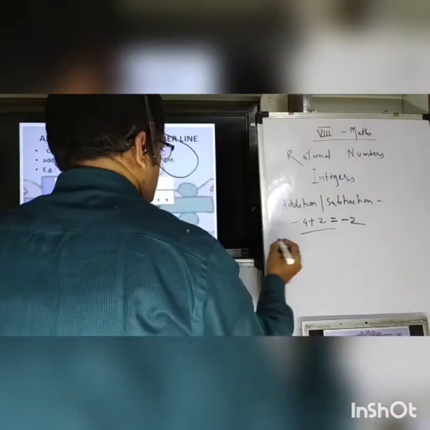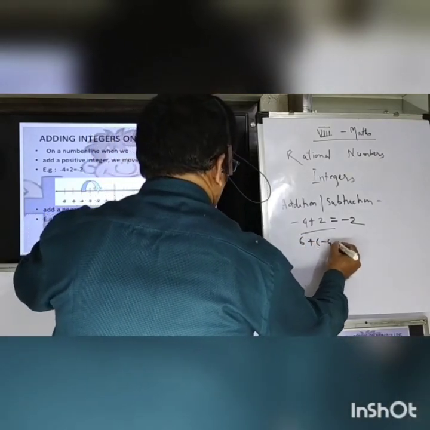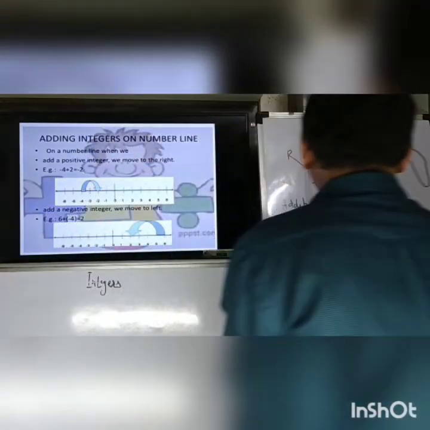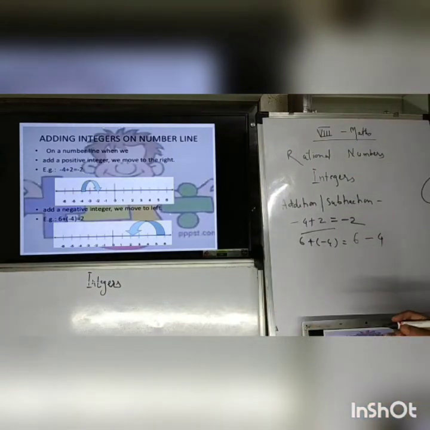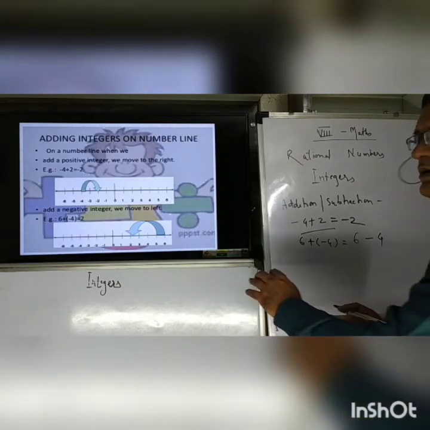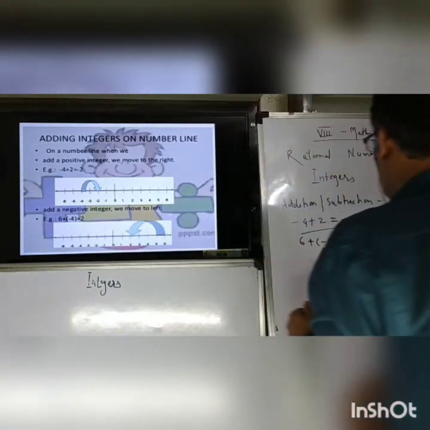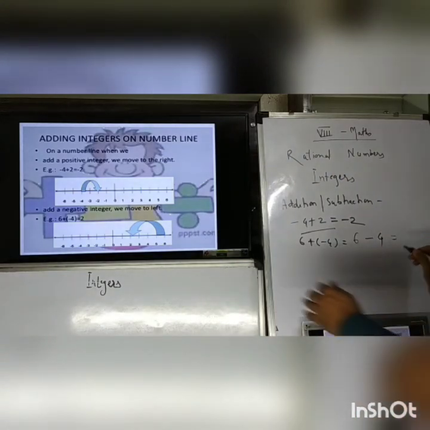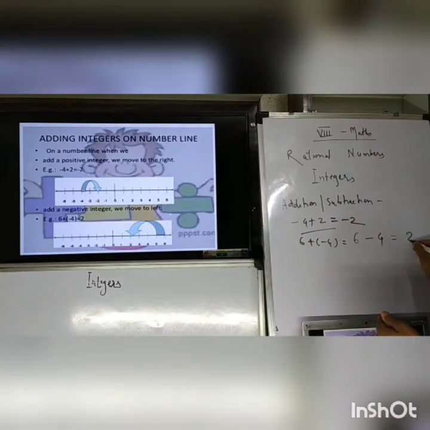Another example is 6 plus minus 4, which simplifies into 6 minus 4. You know that whenever we subtract, we move to the left side. How many places? 4 places. So 6 minus 4 is equal to 6, and 4 places left, that is equal to 2.